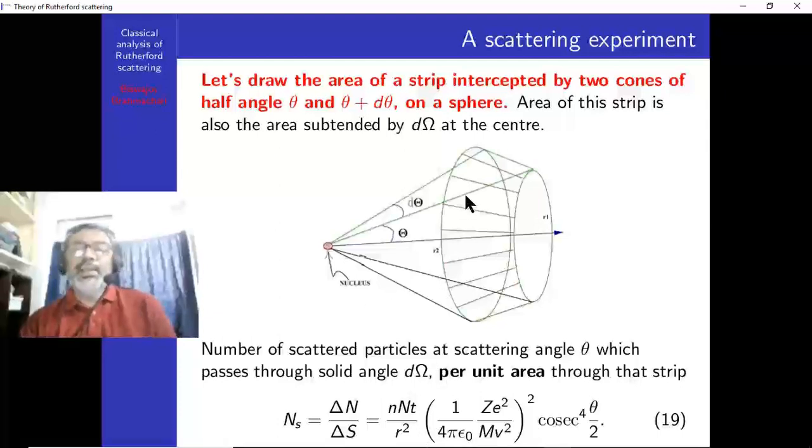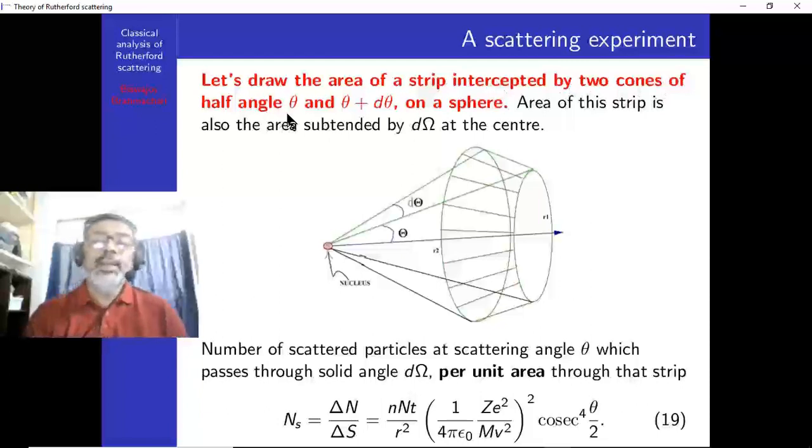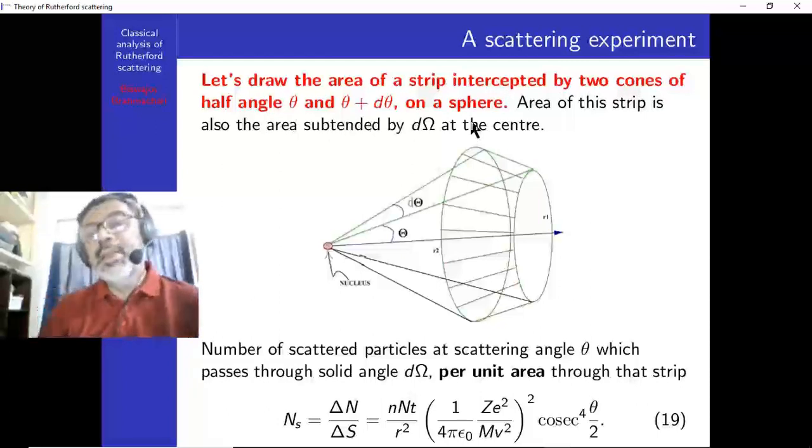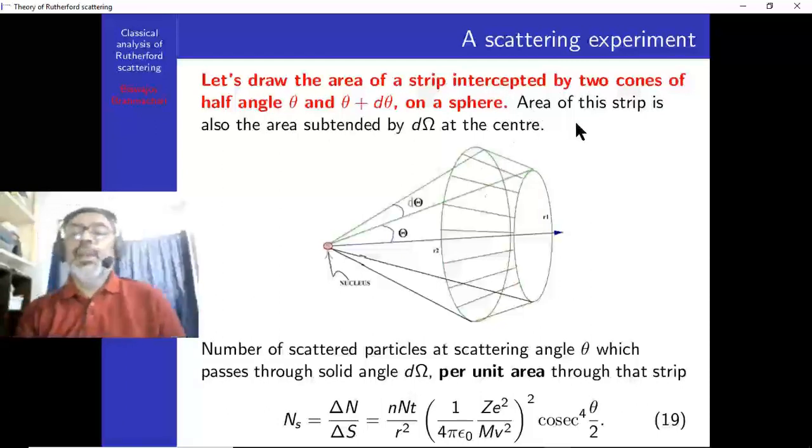Before that, let us calculate the area of this strip. Let's draw the area of a strip intercepted by two cones of half angle θ and θ plus dθ on a sphere. The area of this strip is also the area subtended by dΩ at the center. One cone has half angle θ, another cone has half angle θ plus dθ.